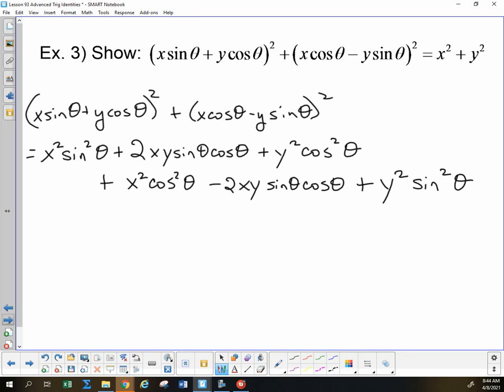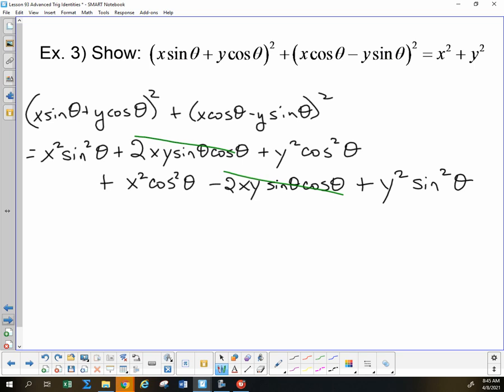Anybody see anything in there we can combine or cancel before we go on any farther? Brian? Yeah, the two long terms in there, one's plus and one's minus. Let's get rid of them. I like getting rid of anything I can in something this long.